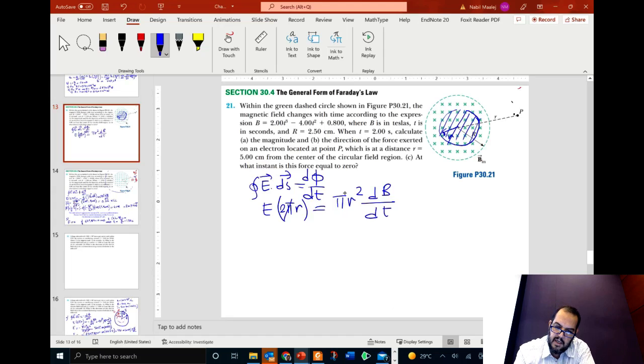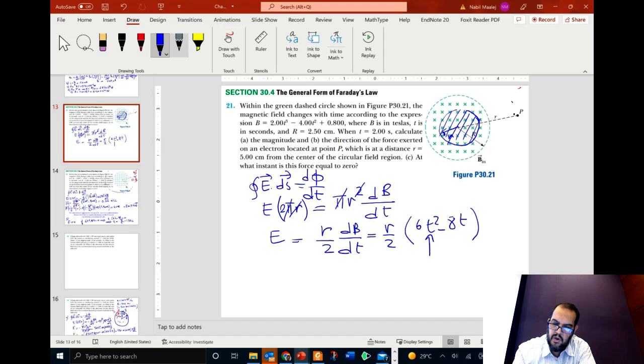The pi's will cancel, the square here will cancel, and we will obtain the electric field is R over 2 times the derivative of B with respect to time. So this is going to be R over 2 times 6 t squared minus 8 t.